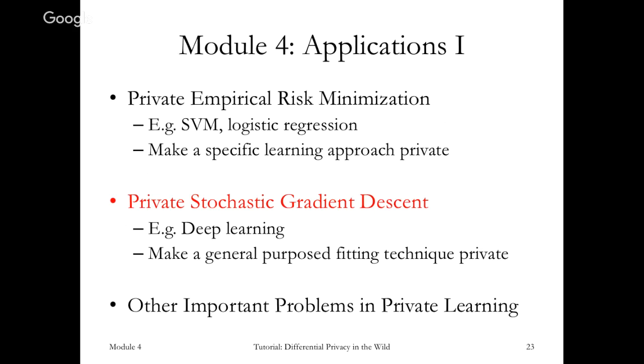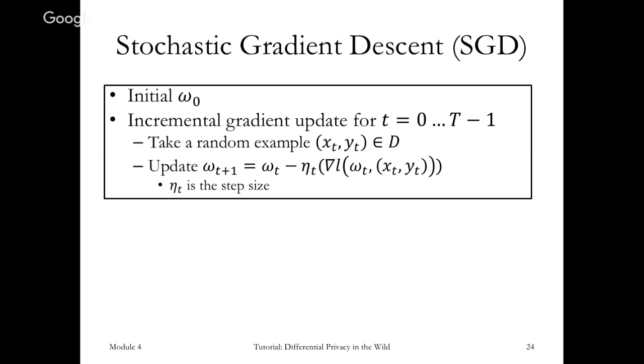We have seen that people recently apply differential privacy on these fitting techniques in the application of deep learning. At a high level, these techniques work this way. First, you initialize the solution with some value, and then you update this solution with a random sample from the training data set, x_t and y_t at time t.